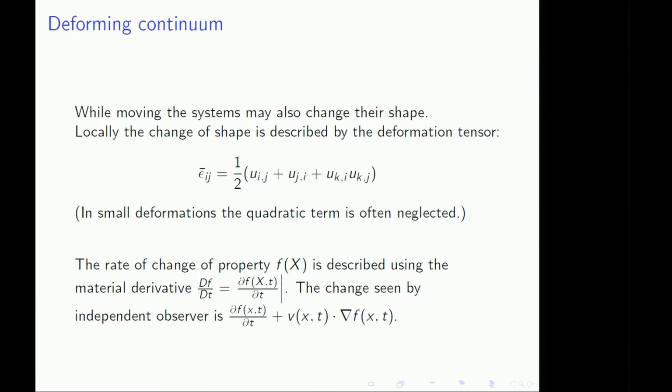So that is the actual change of the property in an actual material point.